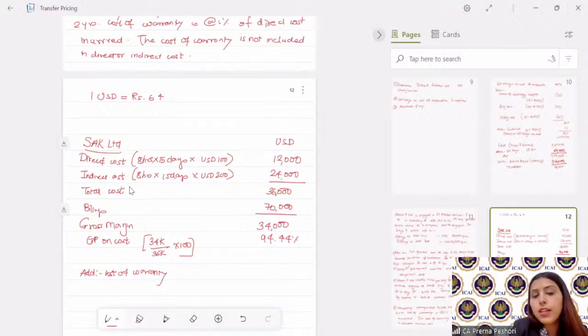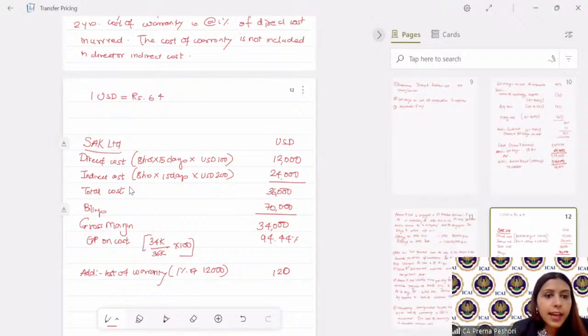cost. So my GP margin here will increase, which is going to be 1% of your direct cost, which is 12,000. So how much is this going to be? 120. The cost of warranty is going to be 120.